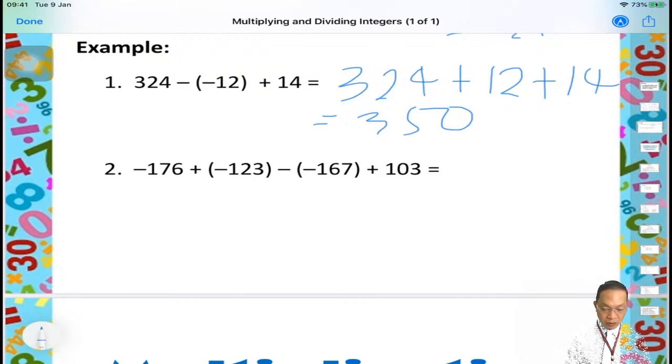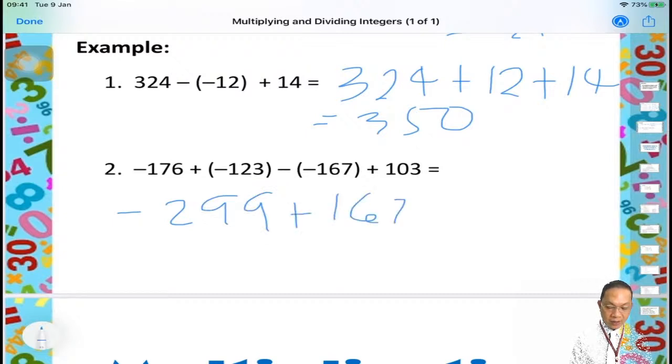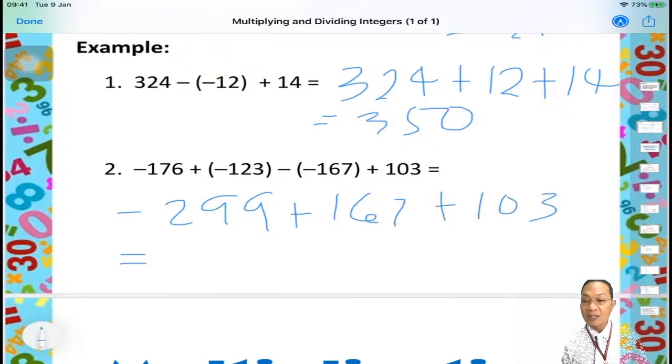And number 2, what's the answer for number 2? We have negative 176 plus a negative 123 minus a negative 167 plus 103. We have negative 299 plus 167 plus 103 is equal to how much? What's the answer?